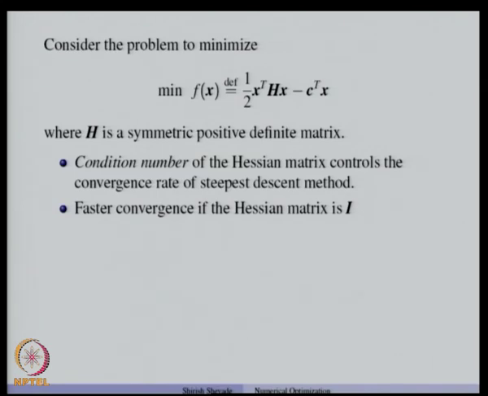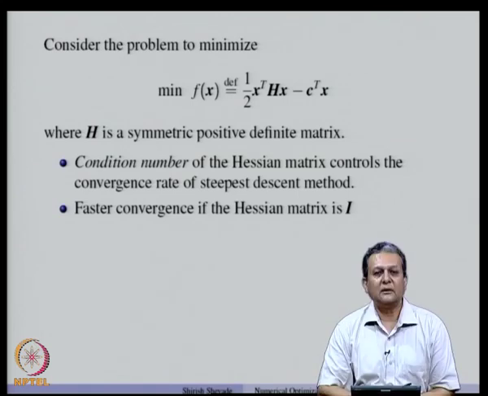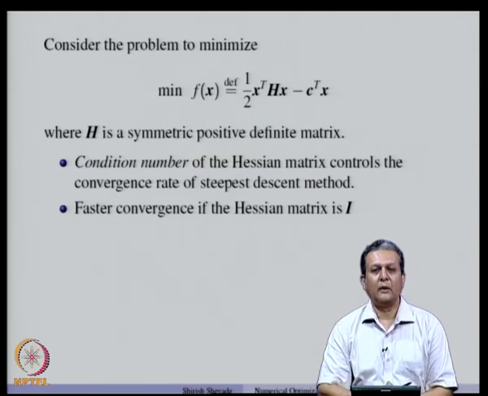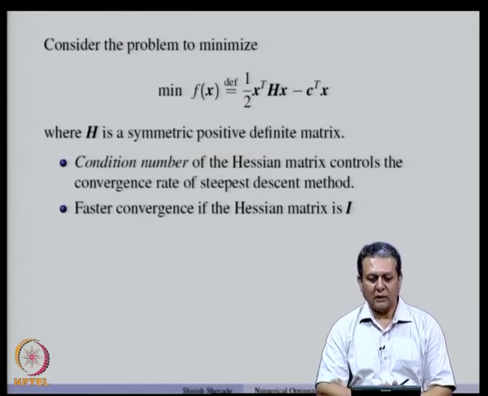And we also saw that if the Hessian matrix is the identity matrix, that means the condition number is 1, then the convergence of the steepest descent method is fast. Now, can we use this fact to derive a method which will be faster even if we use the steepest descent method?